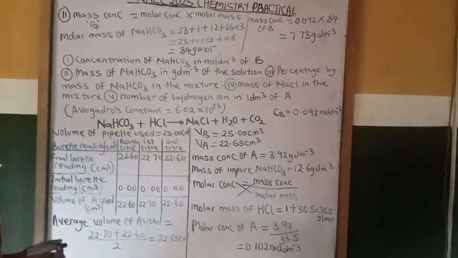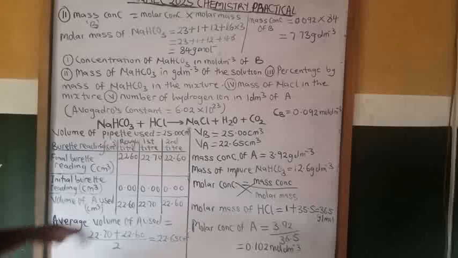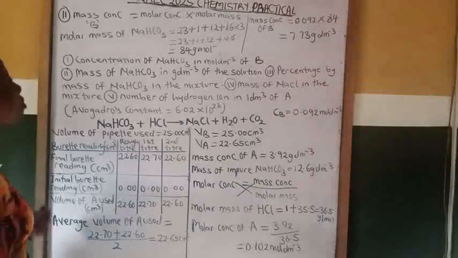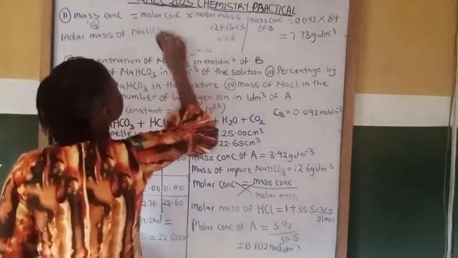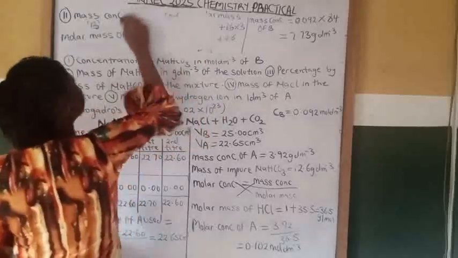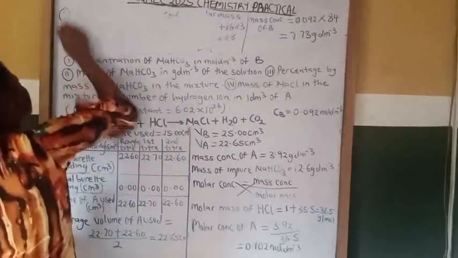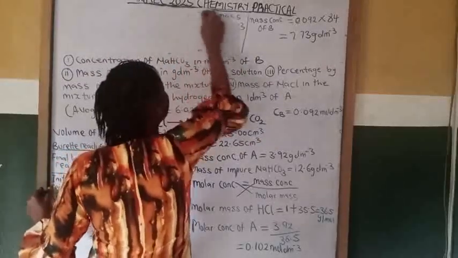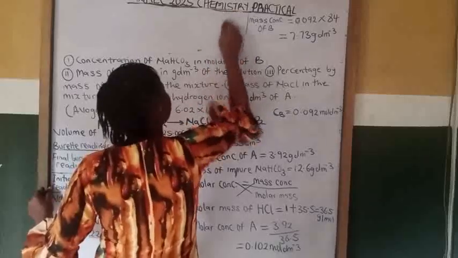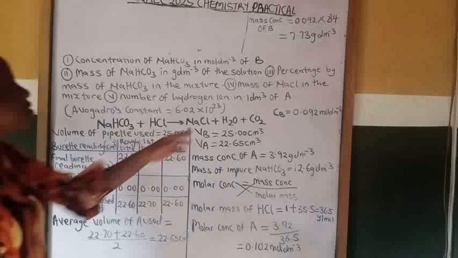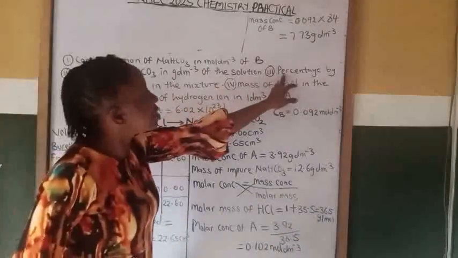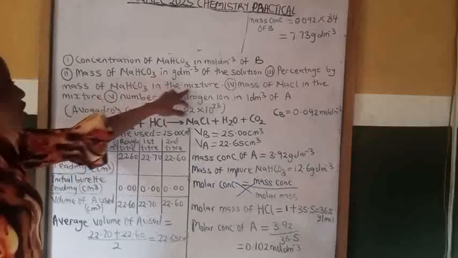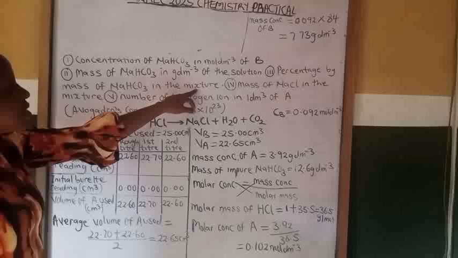So let's move to Roman figure 3. Roman figure 3 says, calculate the percentage by mass of NaHCO3 in the mixture.